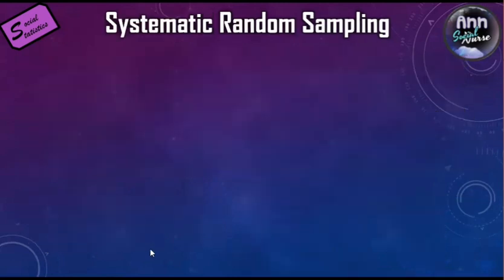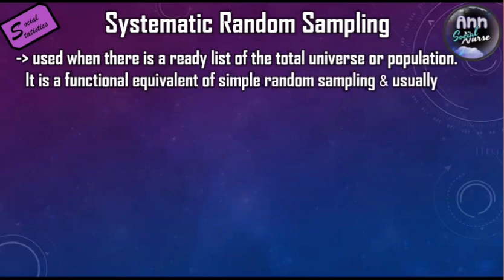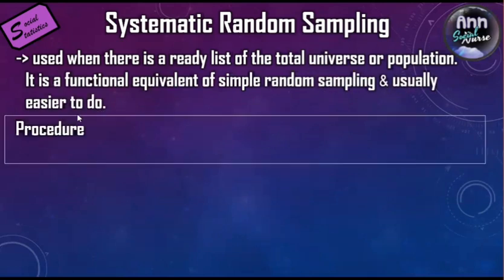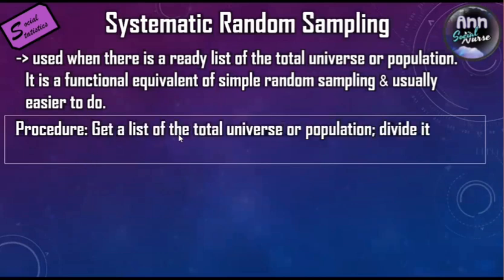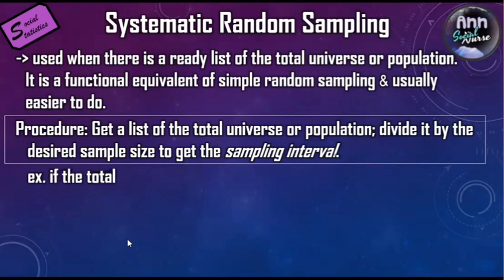Now, what is systematic random sampling? It is used when there is already a list of the total universe or population. It is a functional equivalent of simple random sampling and usually easier to do. For example, get a list of the total universe or population and divide it by the desired sample size to get the sampling interval.